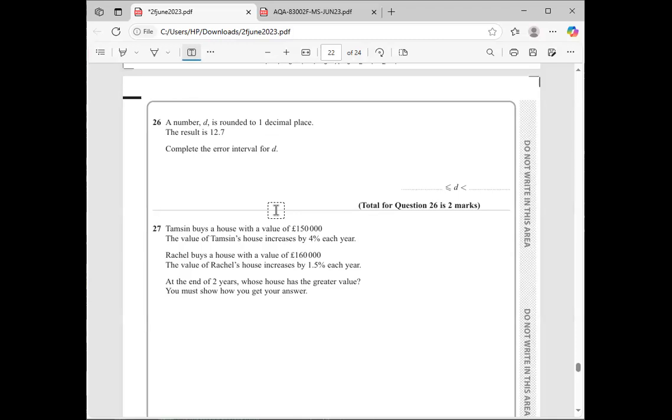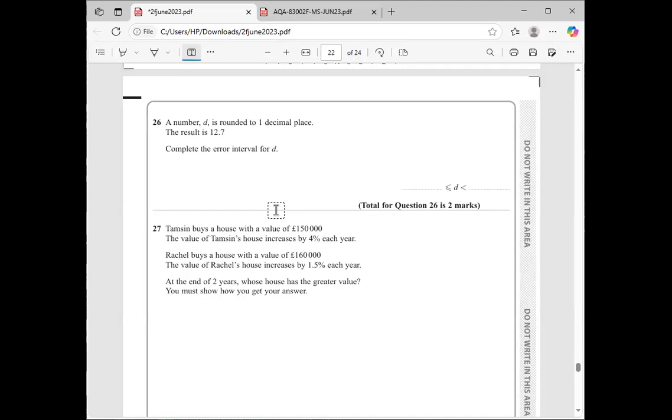What do you think? The 12.7, is that on the right side? No, the 12.7 is representing D itself. So it's saying what are the two values 12.7 would be in between. Do you understand? Oh, okay.